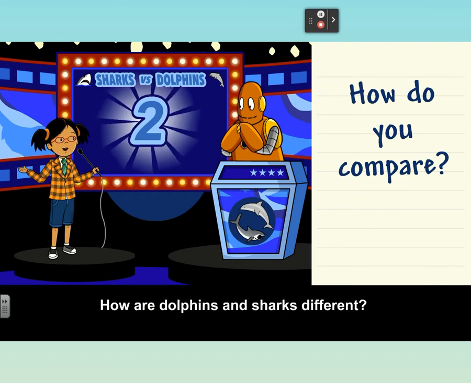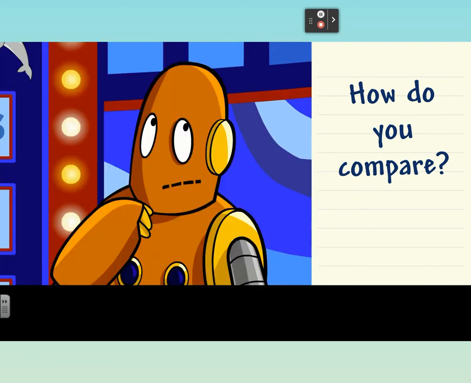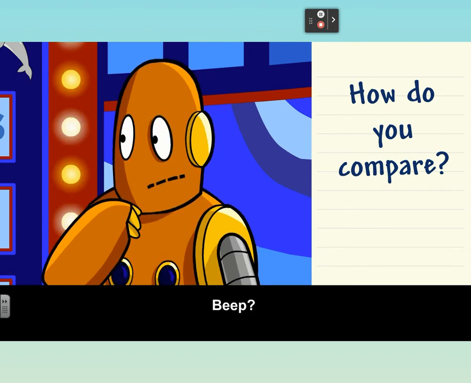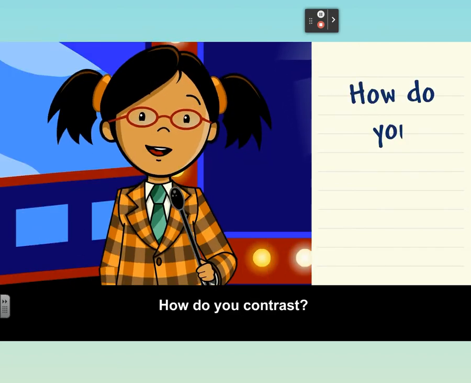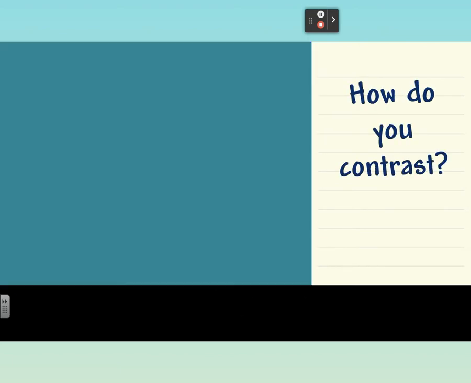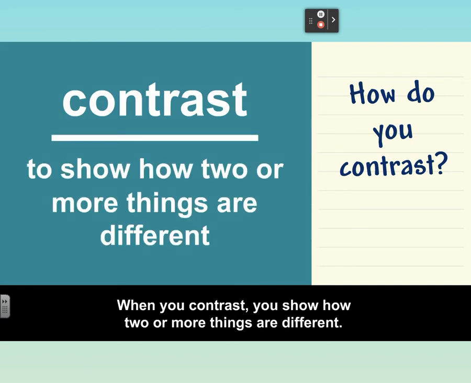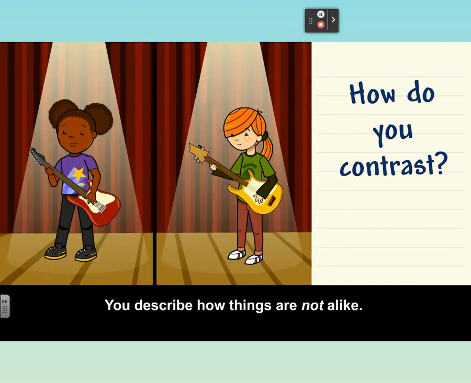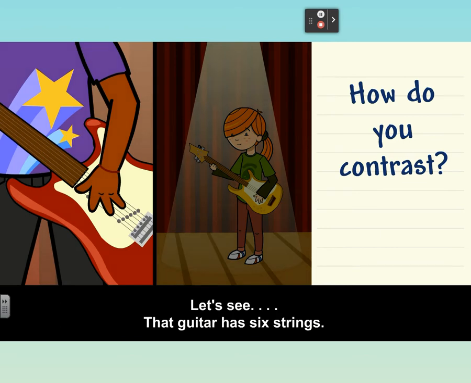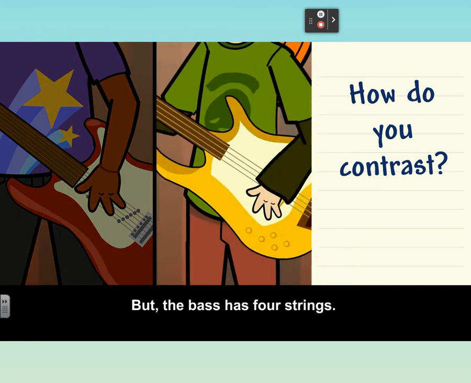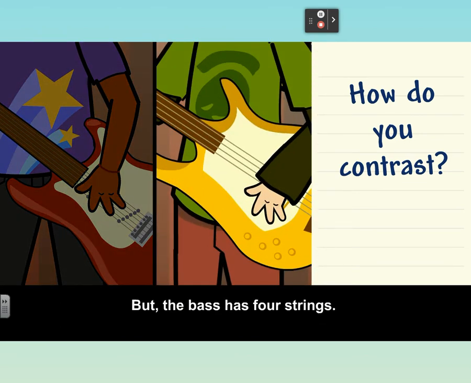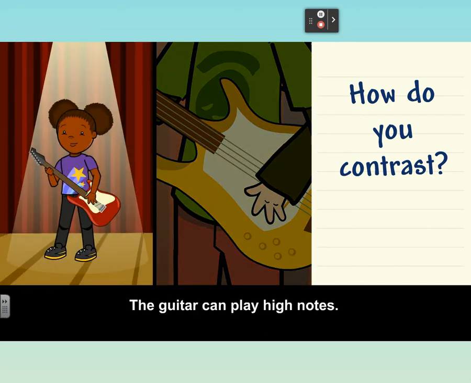Now it's time for round 2. How are dolphins and sharks different? How do you contrast? When you contrast, you show how two or more things are different. You describe how things are not alike. Let's see. That guitar has 6 strings, but the bass has 4 strings. The guitar can play high notes.